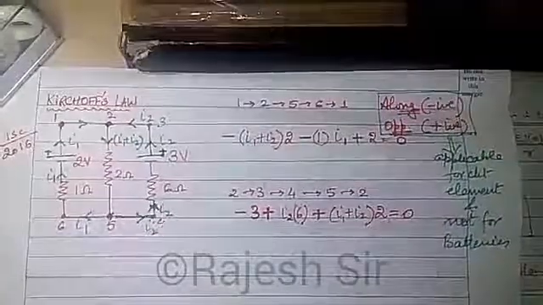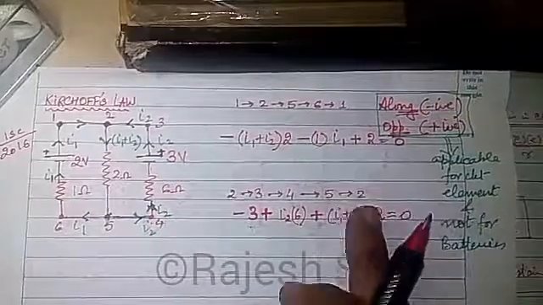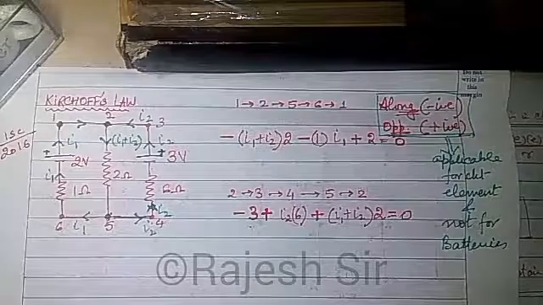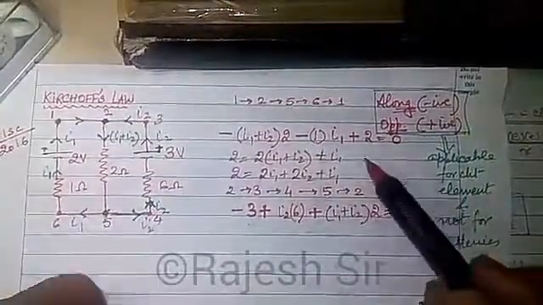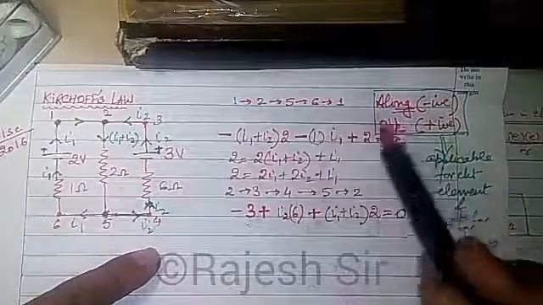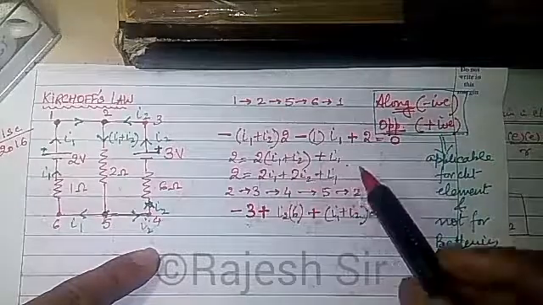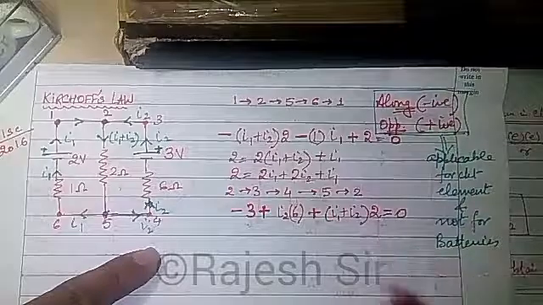So that's the way we are going to frame the equation. So I have framed the two equations. Now I have to solve them and then get the answer for the problem. I have simplified these two equations and transferred terms to the other side. So 2 is equals to 2i1 plus i2 plus i1, and on opening the bracket it is 2 is equals to 3i1 plus 2i2.